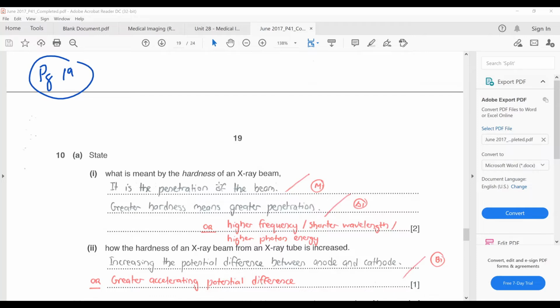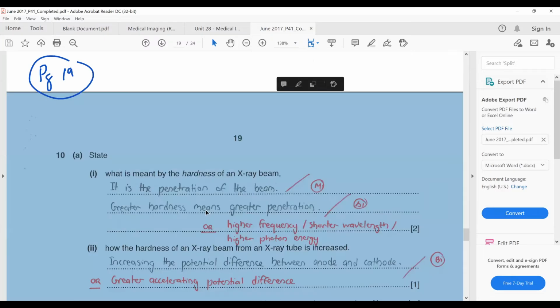Greater hardness simply means greater penetration of your X-ray through a medium. You could also say that rather than having greater penetration, it means that the beam is more energetic. It means you have higher frequency, shorter wavelength, or higher photon energy. It can also mean that if you wanted to say so.